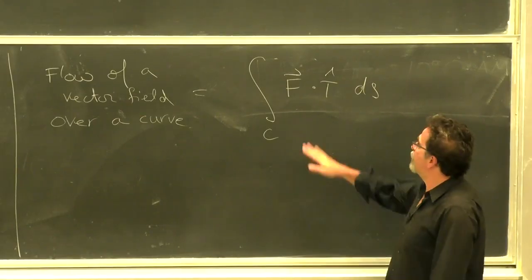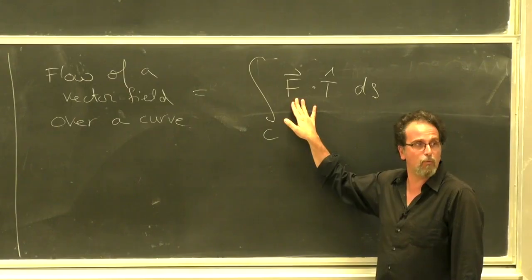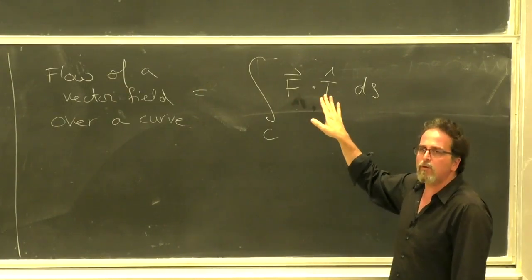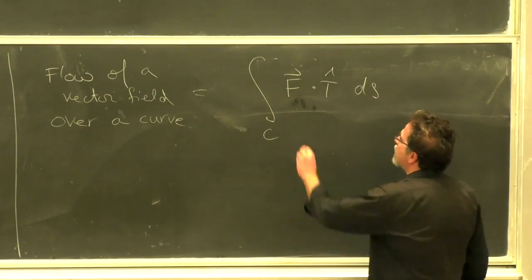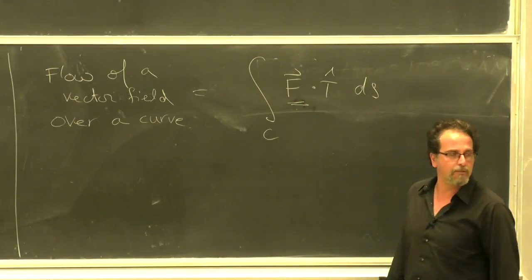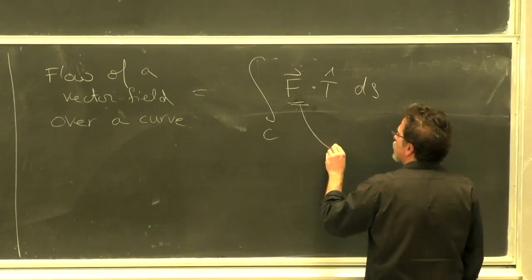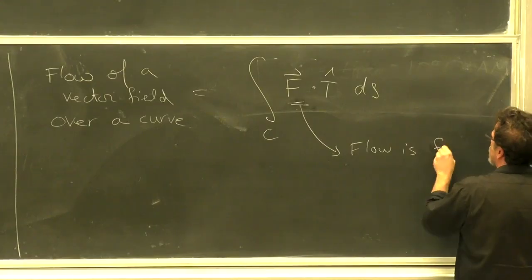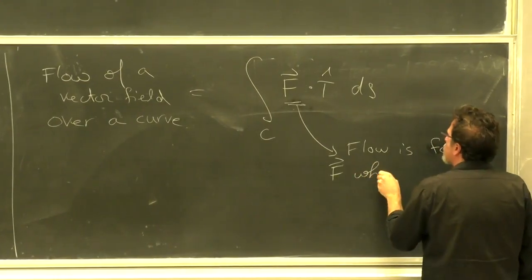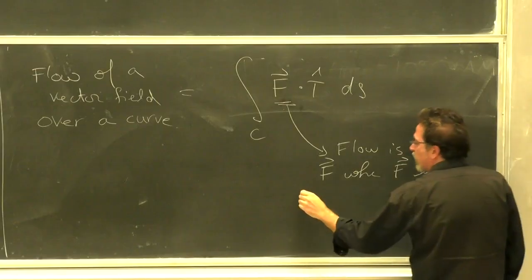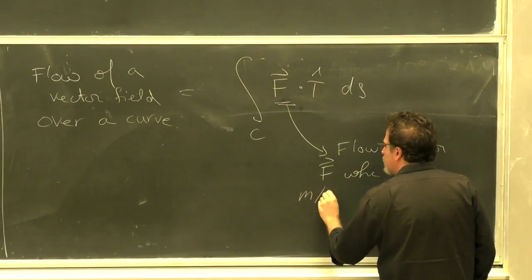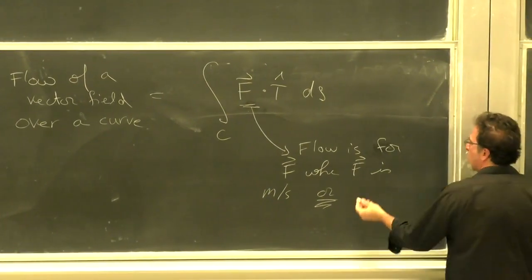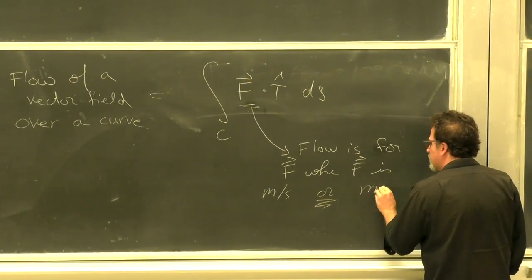If the vector field was a force field, this would truly be work. But really what flow is used to calculate is when the vector field is a velocity field. So flow is for F when F is velocity in meters per second, or when it is momentum density.